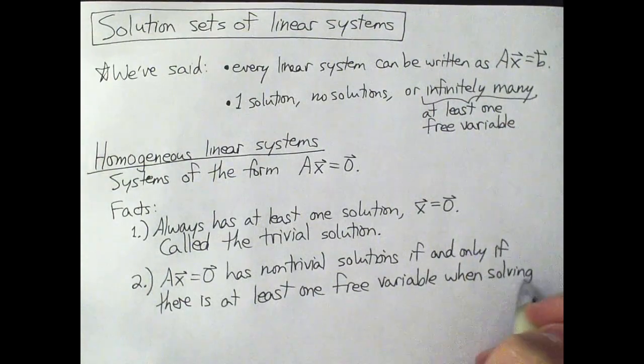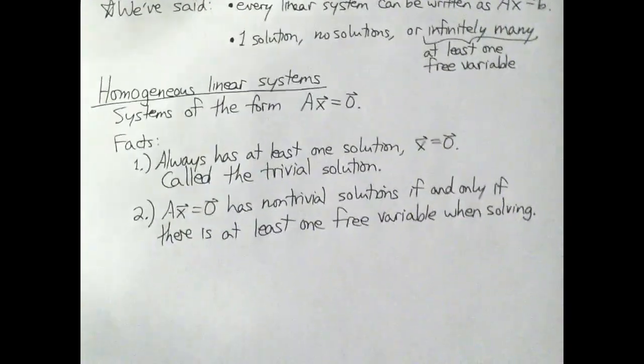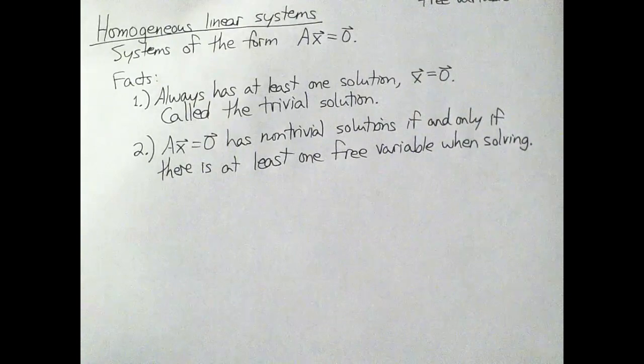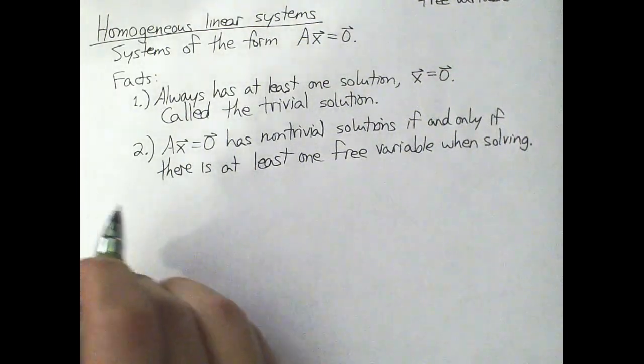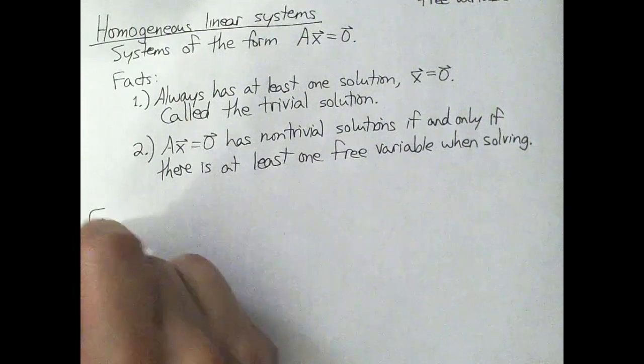Okay, so we do have to go through the process of trying to solve it, and we are interested to see if there are going to be any free variables. And when we get to the end of it, we're going to have to figure out how do we write the solutions, like what's a nice way to write them. So let's go through an example.